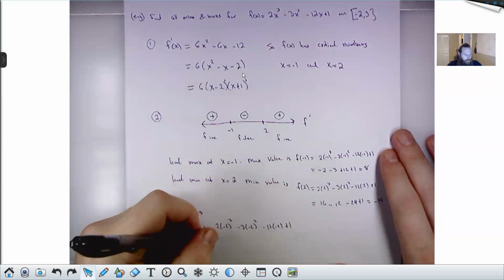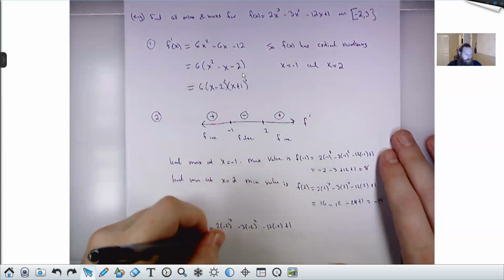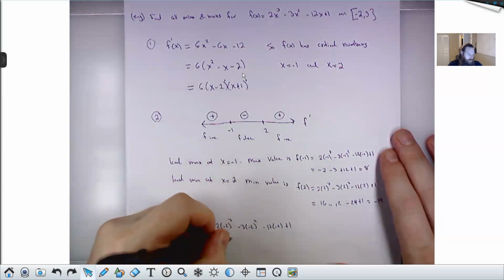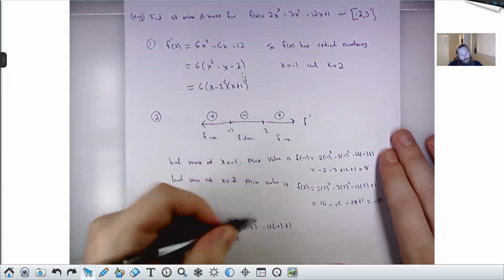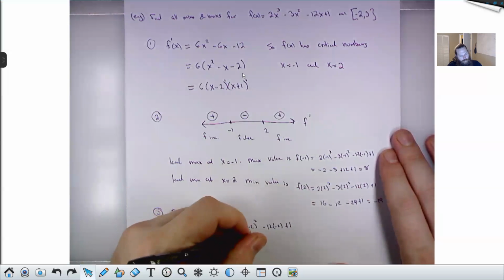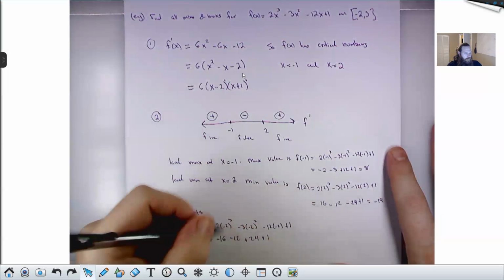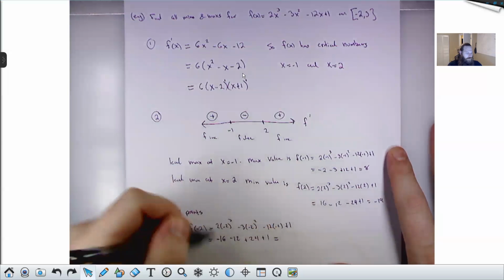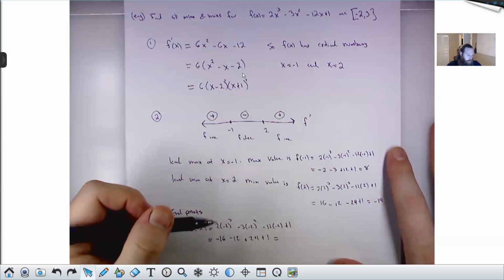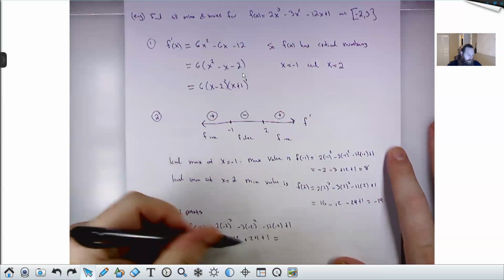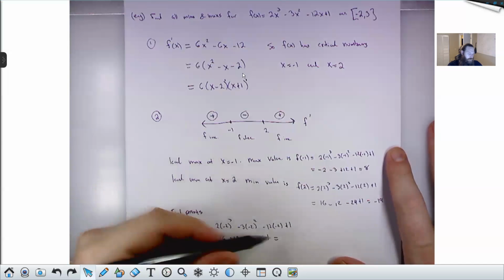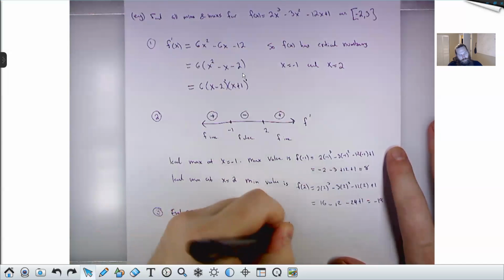That's 2 times -8, that's -16, minus 3 times +4, that's still minus 12. Minus 12 times -2, that's plus 24 plus 1. So what does this come out to? -12 and +24, that's +12. +12 and -16, that's -4. -4 plus 1 is -3.